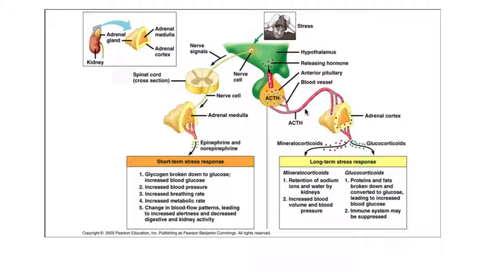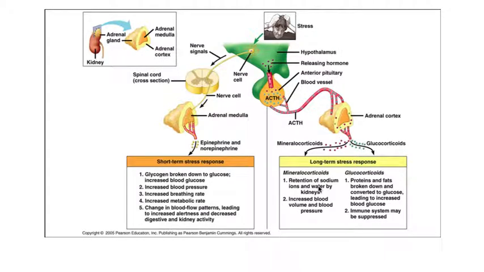And if you're under constant stress of tons of tests and family life might not be great and you're fighting with your boyfriend or girlfriend or whatever those stresses are, emotional stresses, your hypothalamus, because it's so involved with the limbic system, will be constantly stimulated and it will constantly release this ACTH, the adrenocorticotropic hormone, and that will cause a constant release of your mineral corticoids and your glucocorticoids.